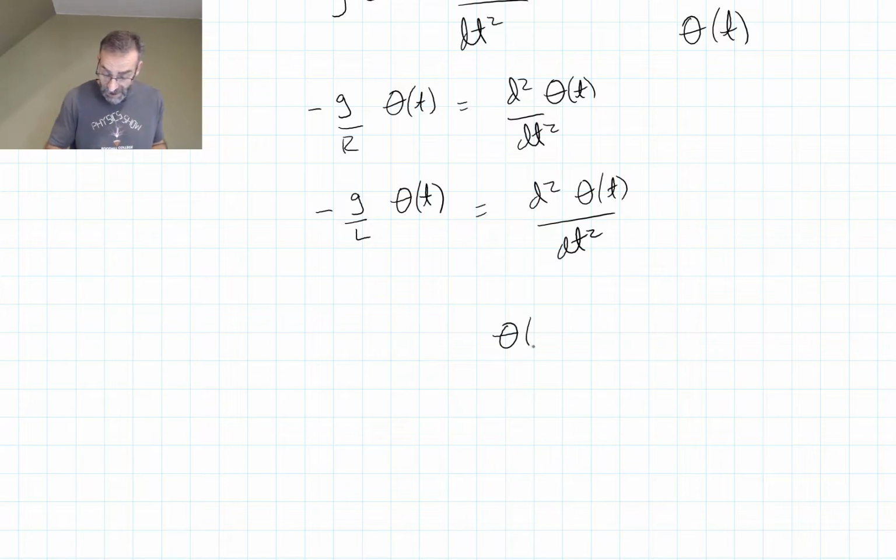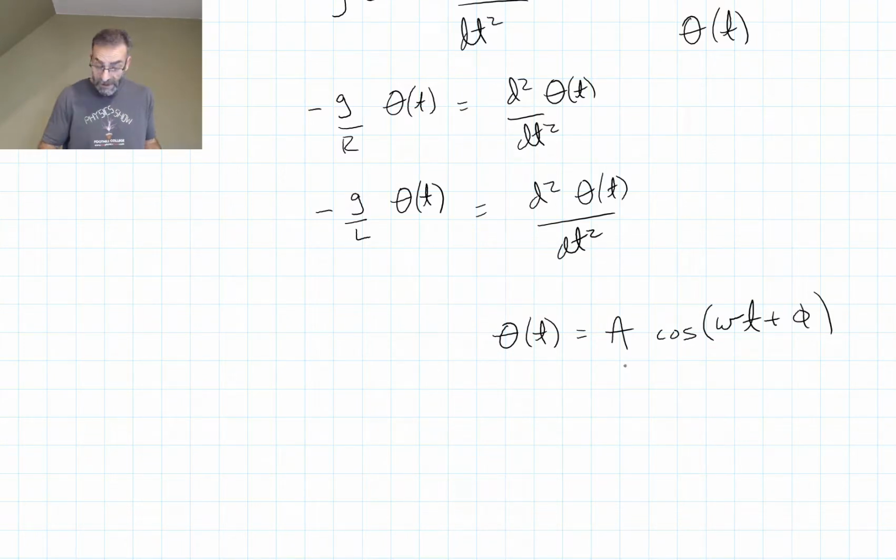So let's let theta be A cosine omega t plus phi. A is our maximum theta, our maximum angle that our pendulum is displaced from equilibrium. Omega is going to give us this constant out here, g over L. So we take two derivatives, we're going to get an omega squared.